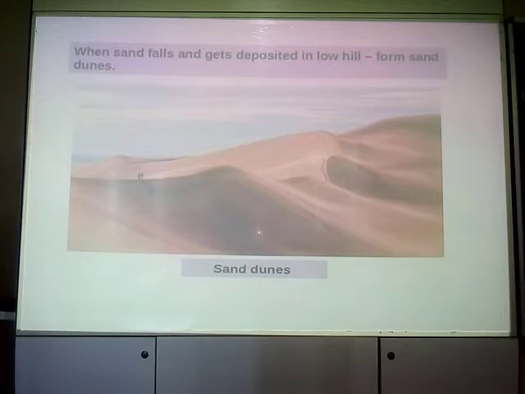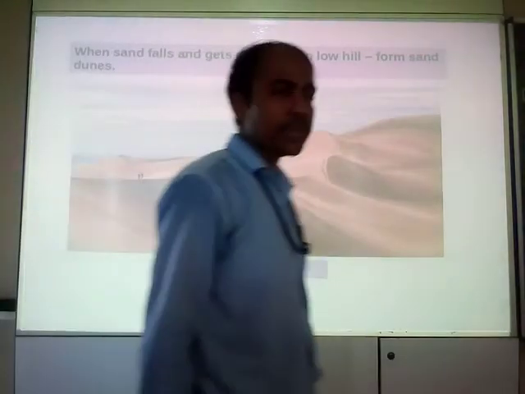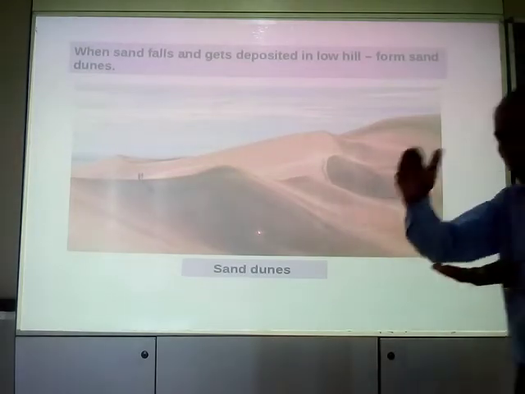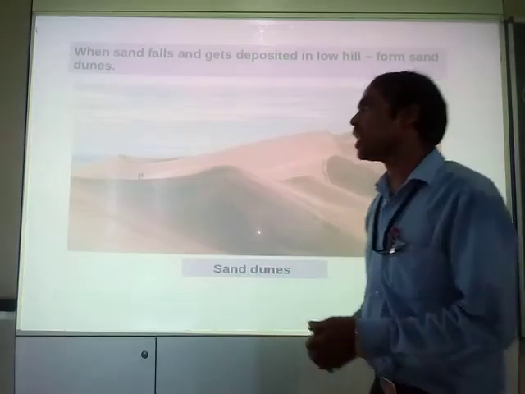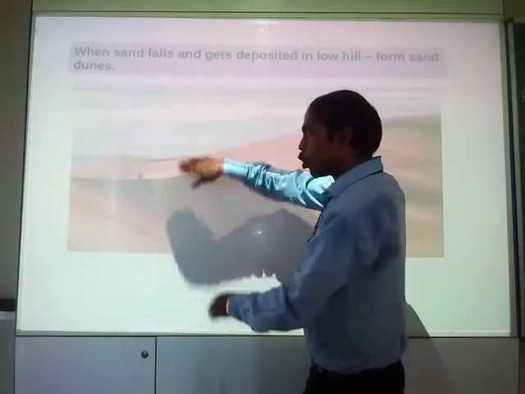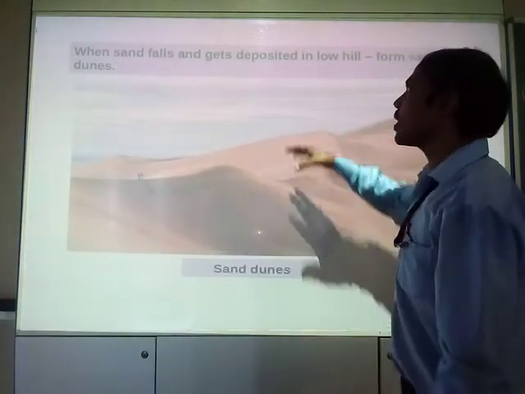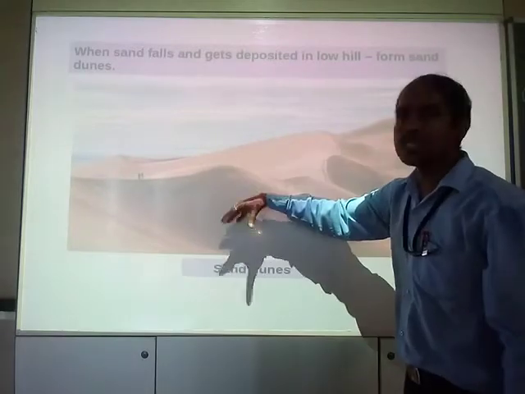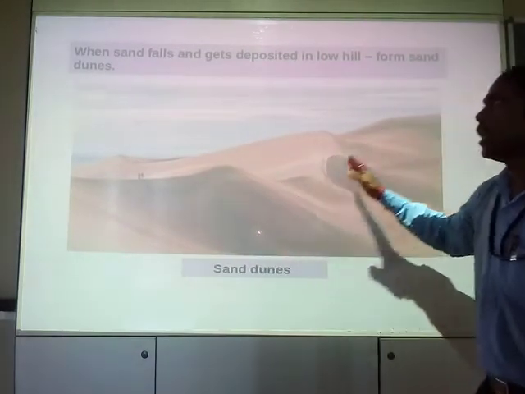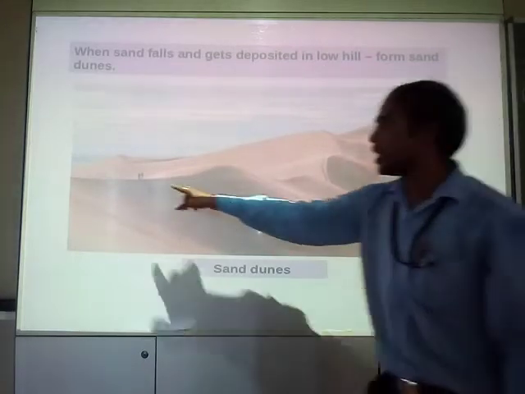Now, when sand falls and gets deposited on the low hills, suppose there are low hills in some area, when the sand falls and gets deposited along the low hills, it forms sand dunes.